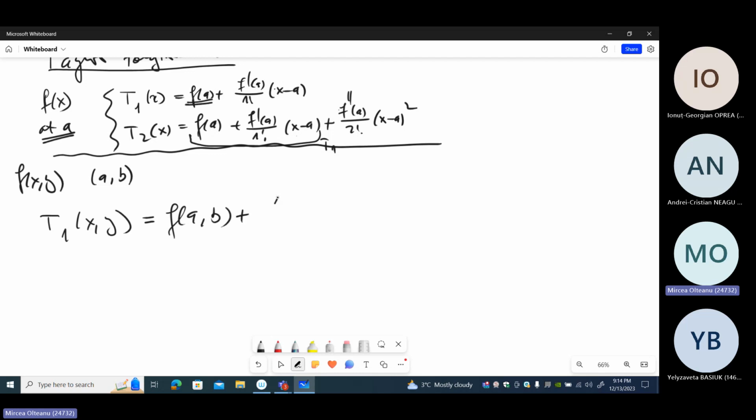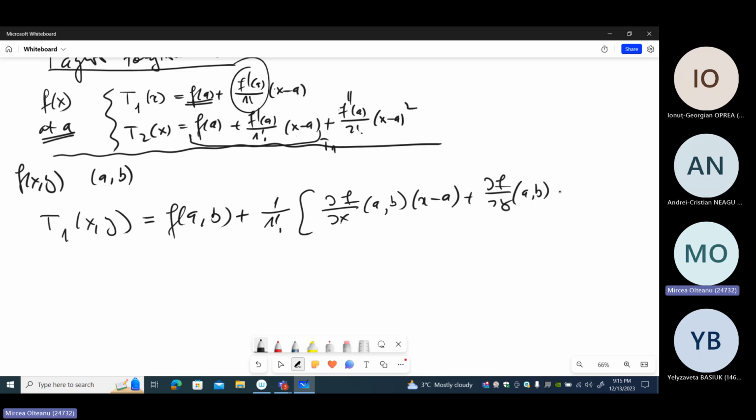And here we shall have 1 over 1 factorial, like here, times. But this time, we have two partial derivatives, first order. So it will be ∂f over ∂x at the point (a, b), times x minus a, plus ∂f over ∂y at the point (a, b), times y minus b.